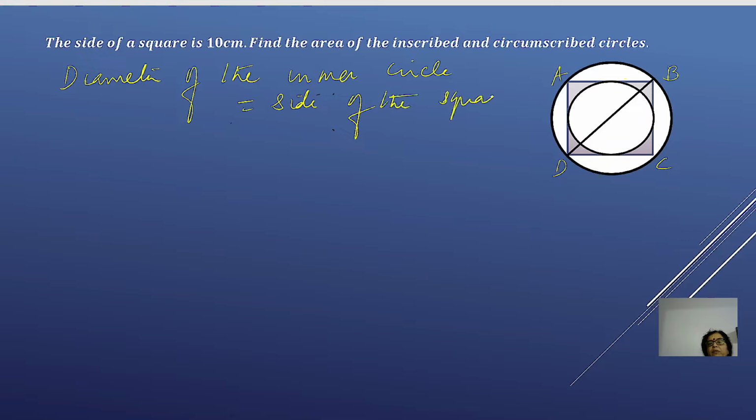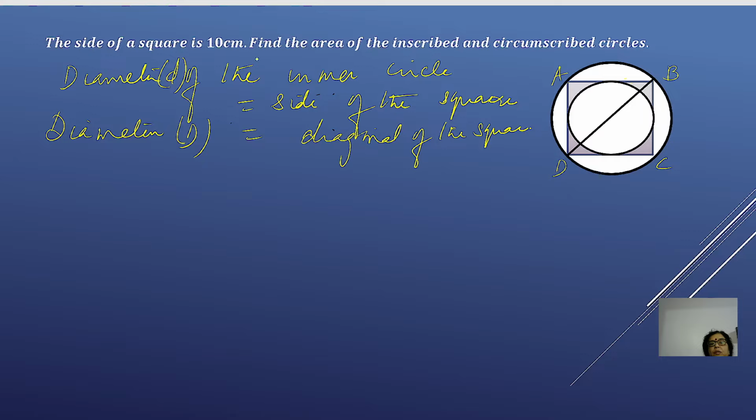And the diameter of the external circle, if I represent the inner one by small d, and the diameter of the external circle by capital D, this will be equal to, since this is a square over here, the diagonal of the square. So we have to calculate them. Now diameter of the inner circle is equal to side of the square.